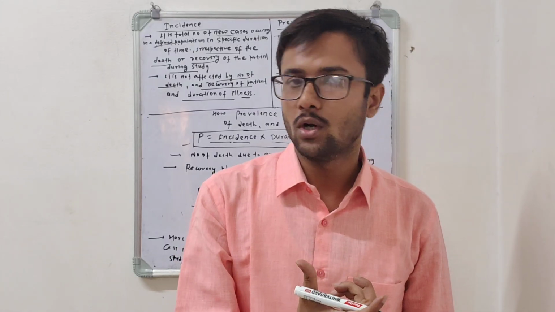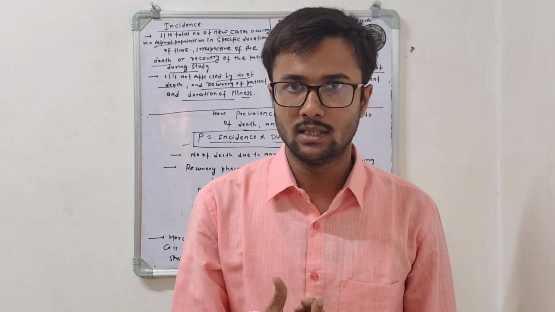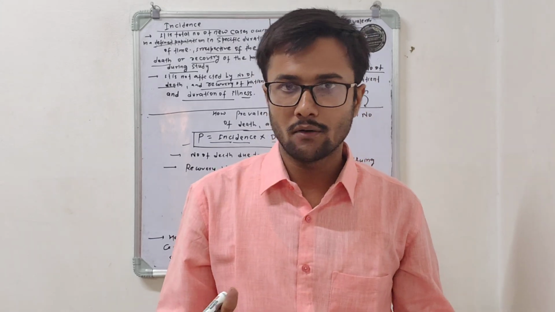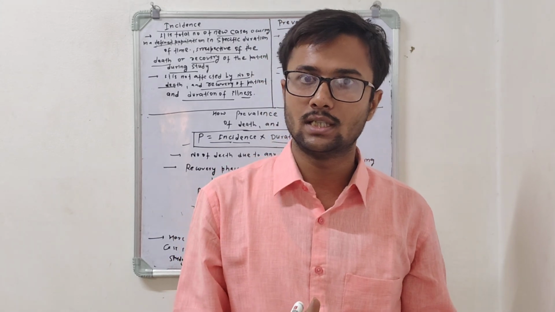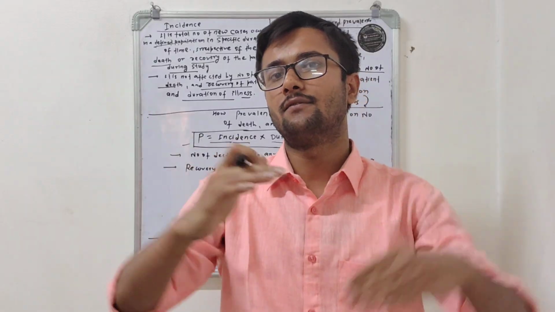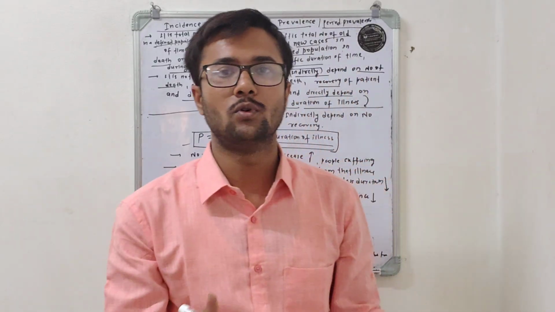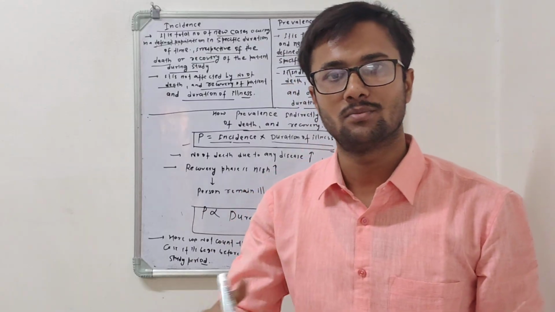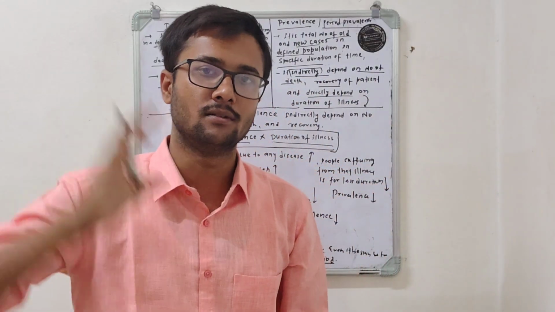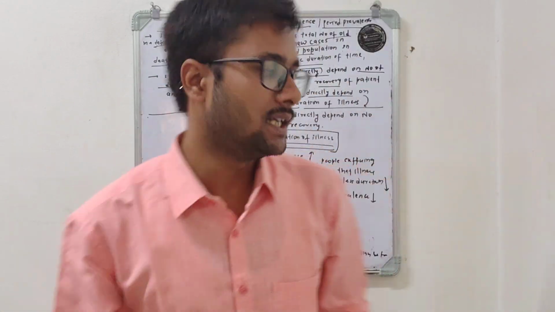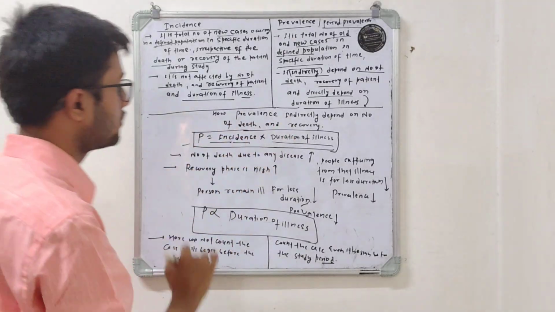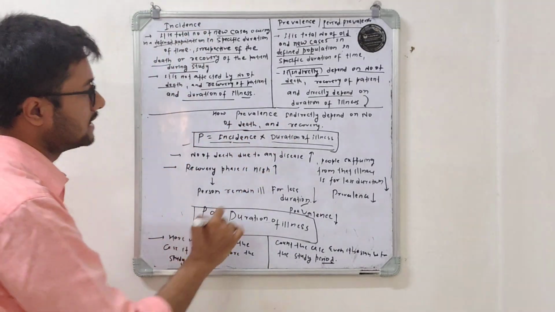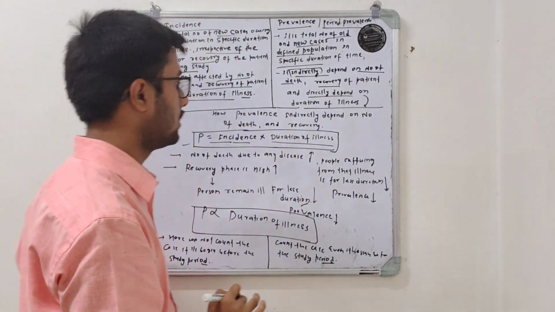So if the number of deaths due to any disease is more, the duration of illness of a person is low. Obviously, if the number of deaths is more, that means the patient suffers for a shorter duration, because within that short duration they die. And in the formula you can see that prevalence depends upon the duration of illness.